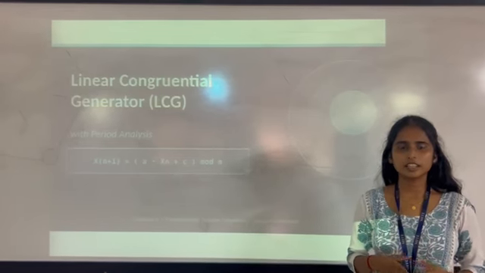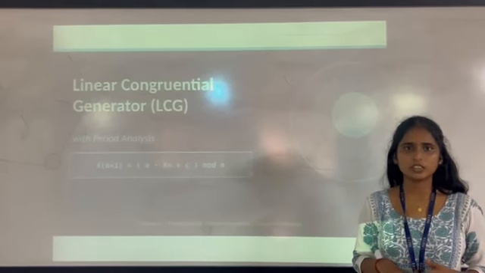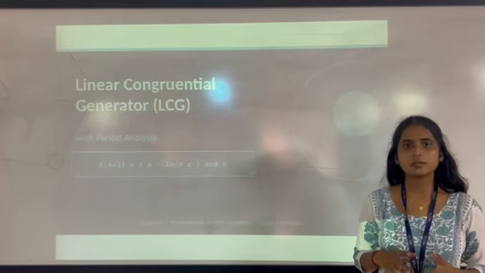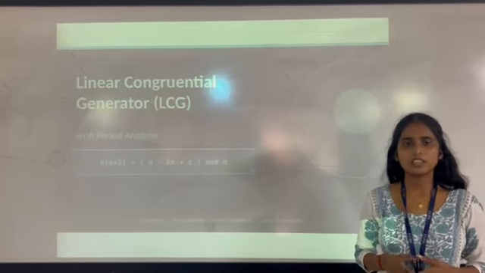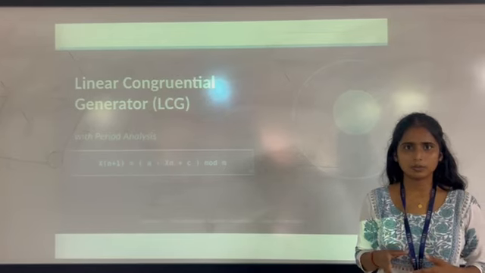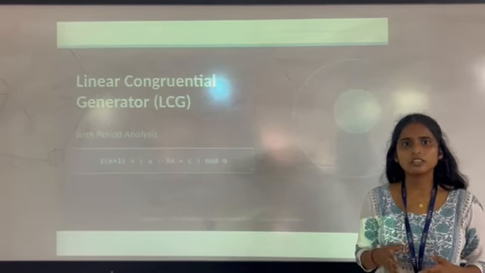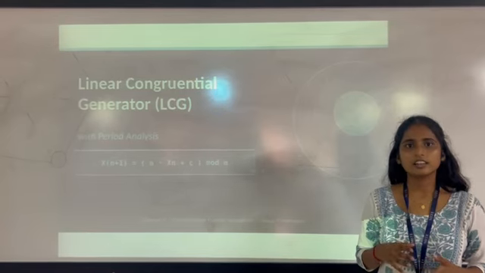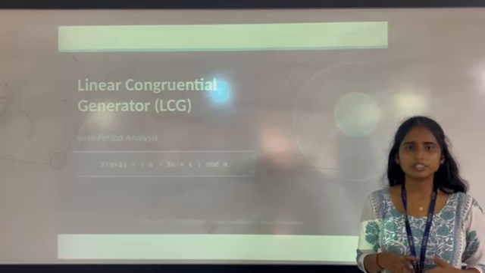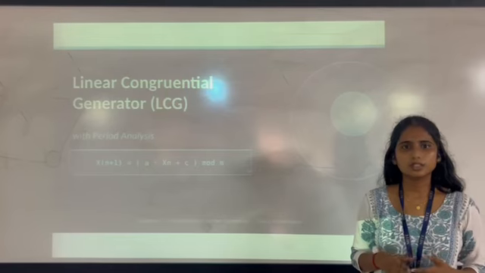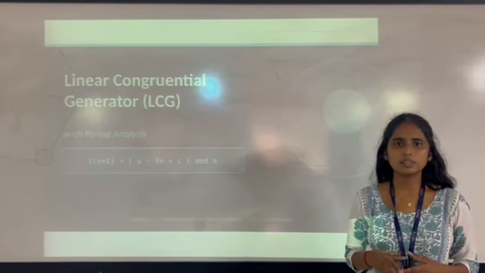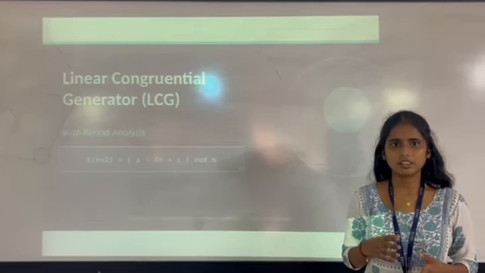Here we will explain how the LCG algorithm works, then implement it using a programming language, generate sequences of pseudo-random numbers, then analyze the period of the sequence, which tells us when the numbers start repeating, and evaluate the quality of randomness using basic tests. Through this demonstration, we aim to show both the strengths and limitations of LCG and why parameter selection plays a crucial role in achieving good randomness.